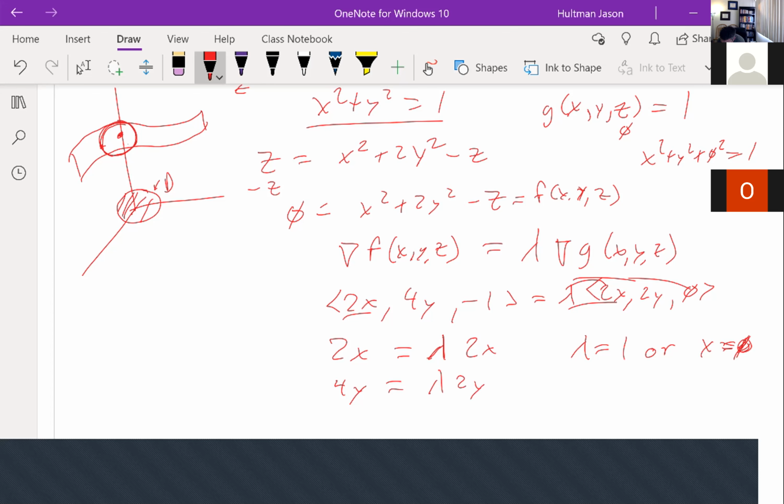So in this case, what is true? Either y is 0, or lambda is equal to 2.